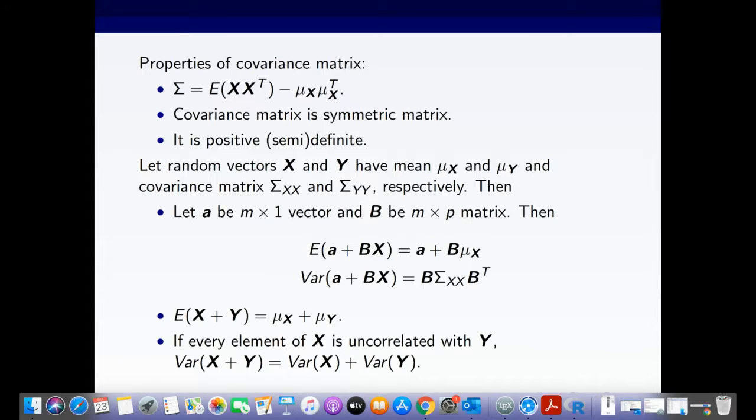This is the same property as when you have two single random variables. If every element of x is uncorrelated with y, then the variance of x plus y is the variance of x plus the variance of y. So here we have vectors.